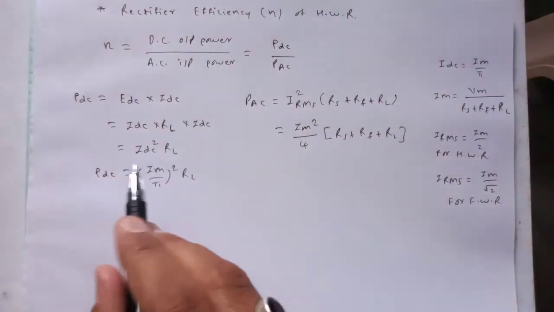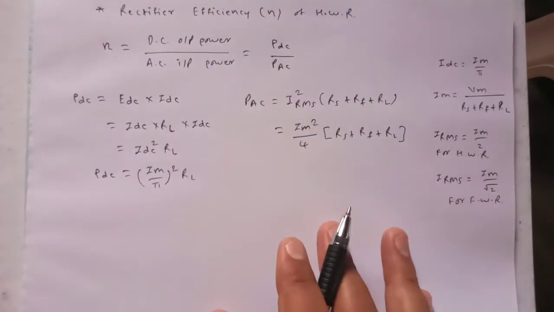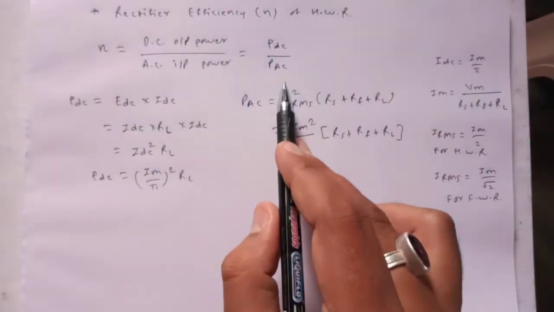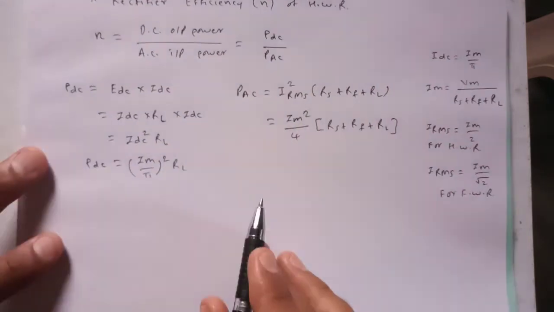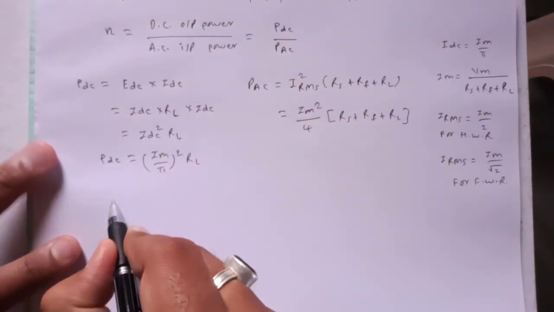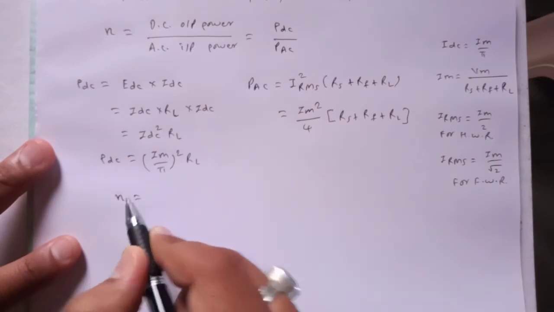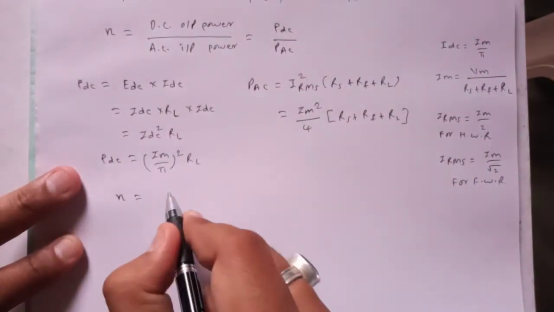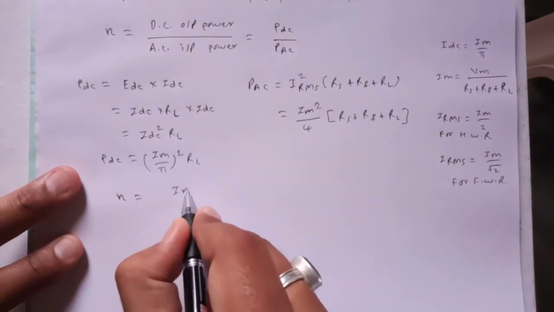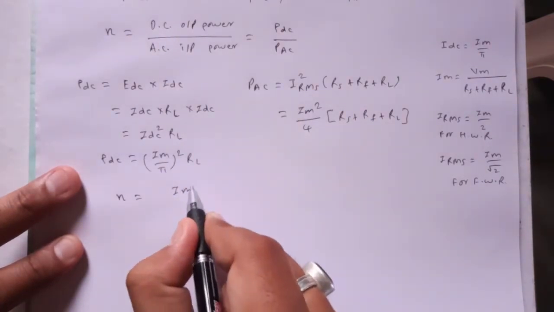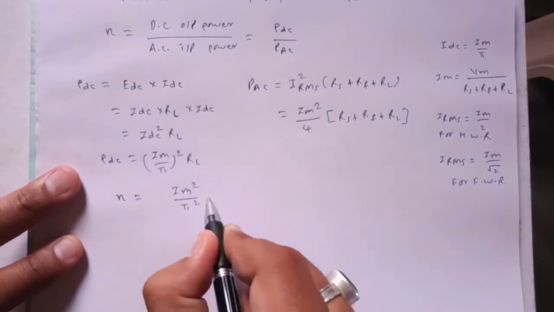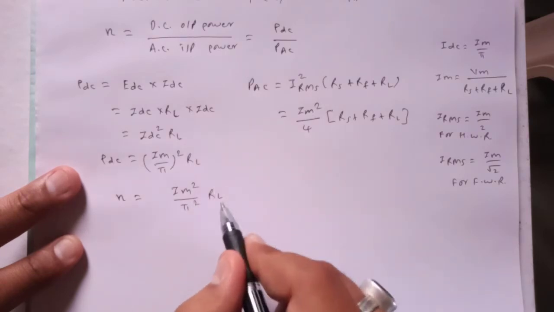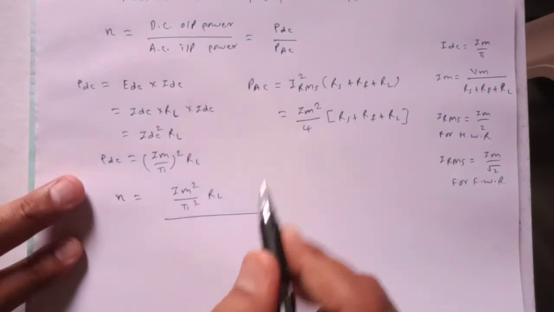Now we can get the equation for the efficiency simply by putting PDC and PAC here. So the equation for the efficiency in case of the half wave rectifier is: for PDC we put Im squared by pi squared multiplied by RL, and this will be divided by PAC.